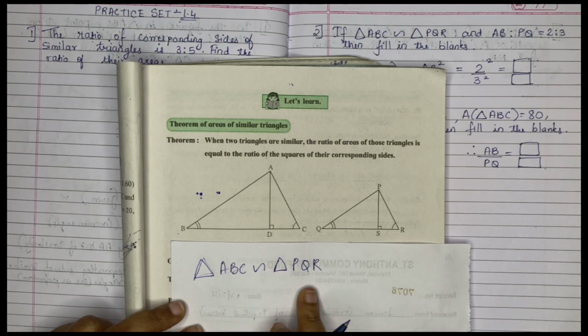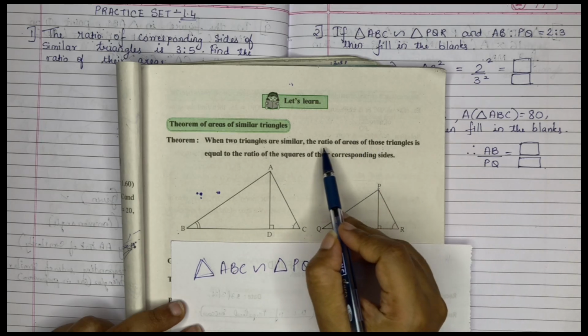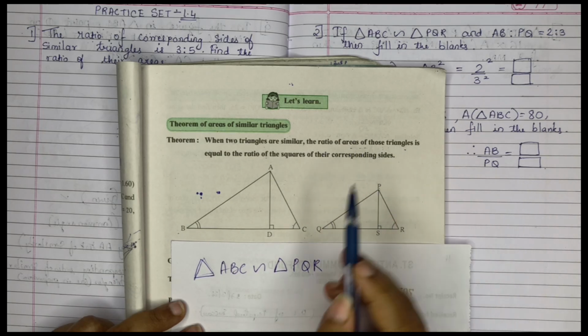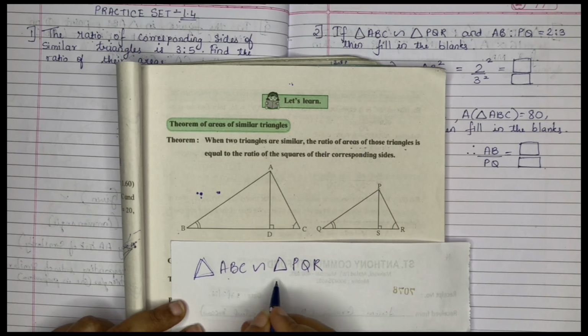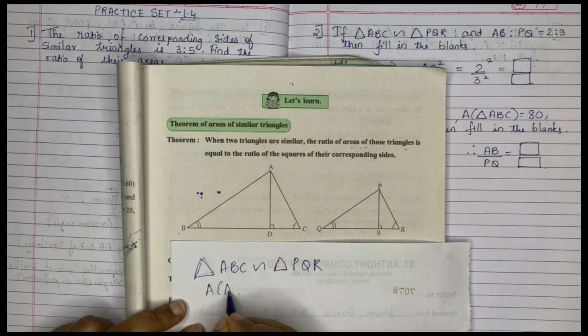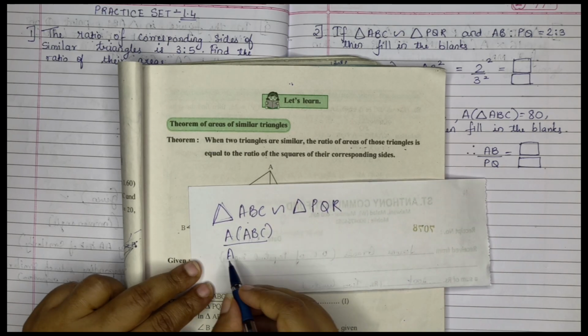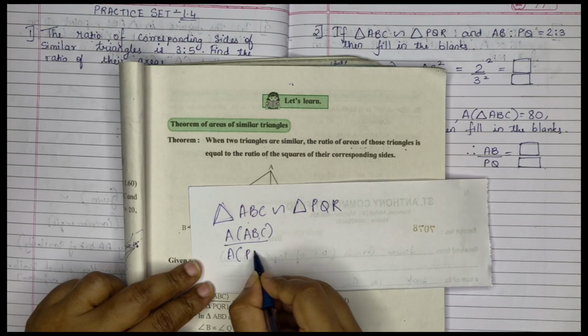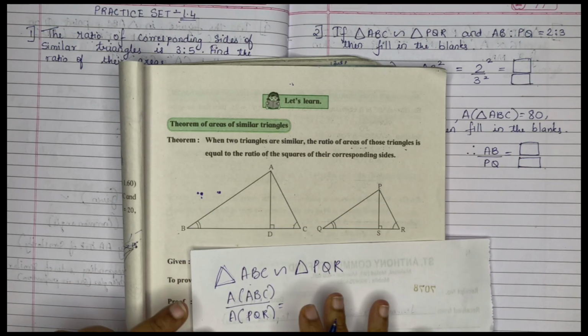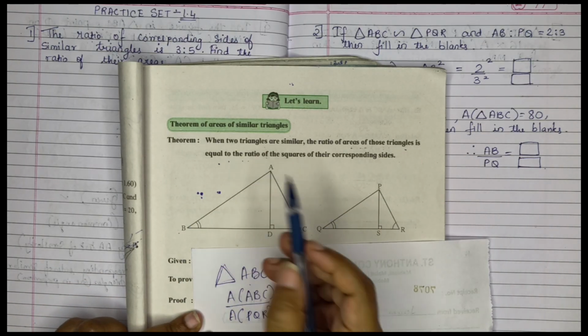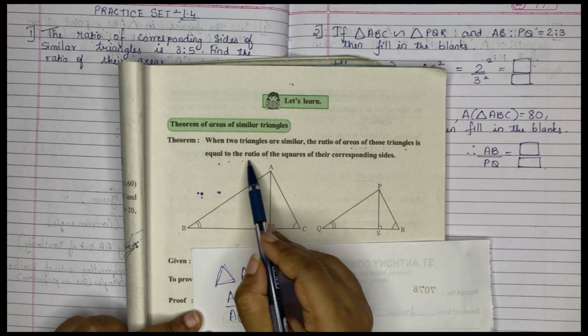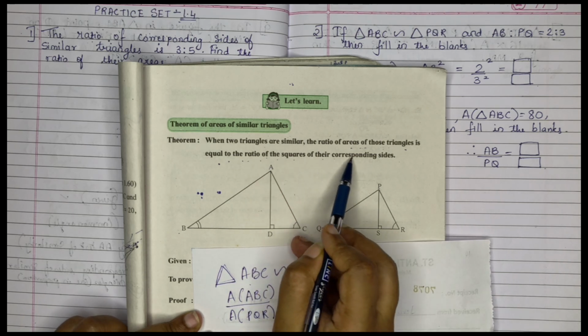When these two triangles are similar, the ratio of the areas of those two triangles, that means area of triangle ABC upon area of triangle PQR, is equal to the ratio of the squares of their corresponding sides.